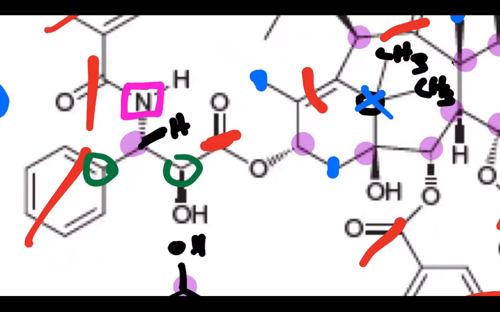Yeah. So that's where your CIP rules come in, where you have to understand, even though they're both carbons, sometimes you'll have a situation where you have a carbon that's bonded to another carbon on each side, but it's still a chiral center. There are some examples here in this molecule right here.